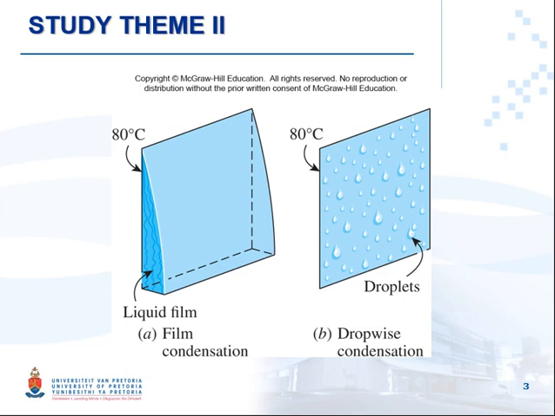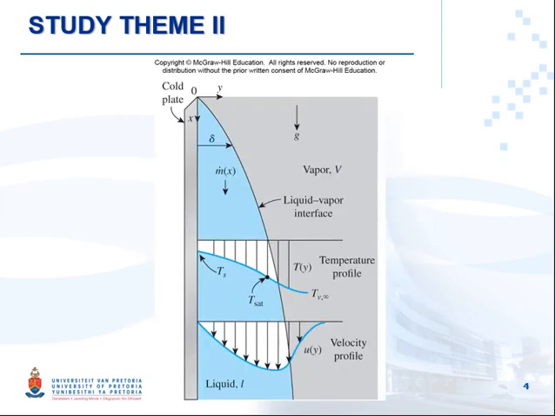You see the picture here that shows these two different forms. We will talk about them in detail in this lecture and the next one. In film condensation, the condensate wets the surface and forms a liquid film that slides down under the influence of gravity.